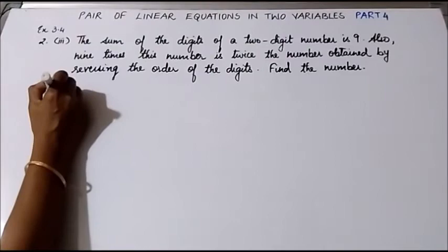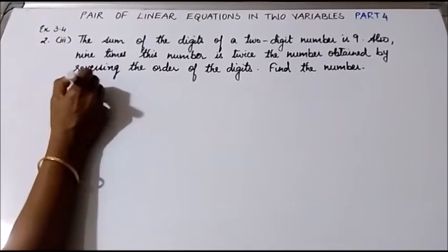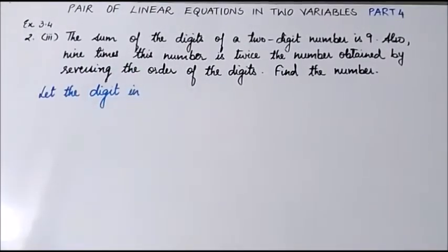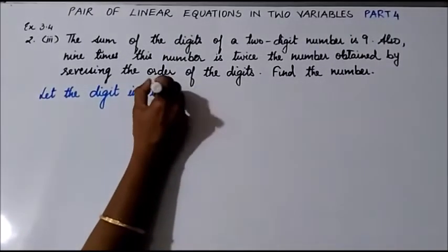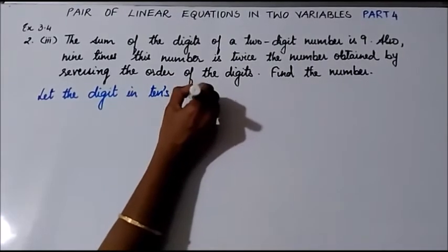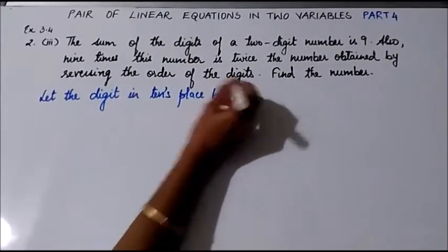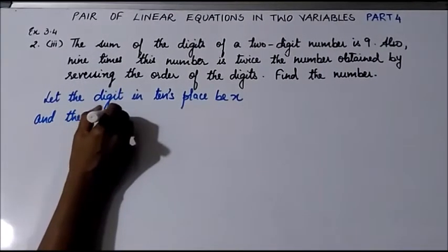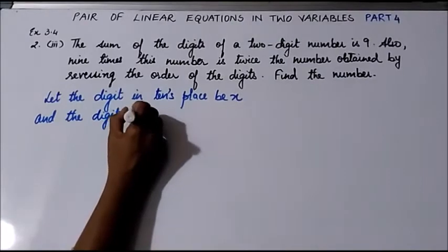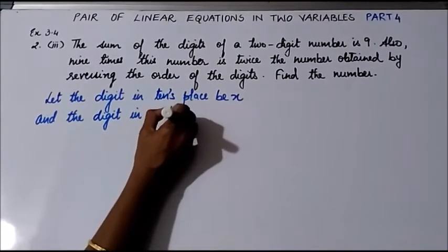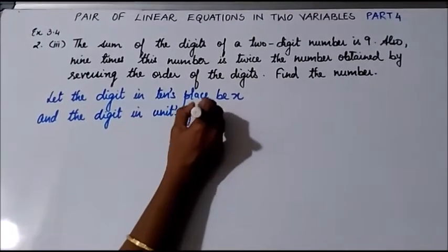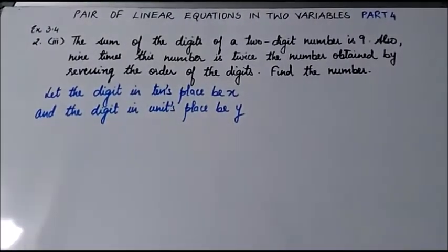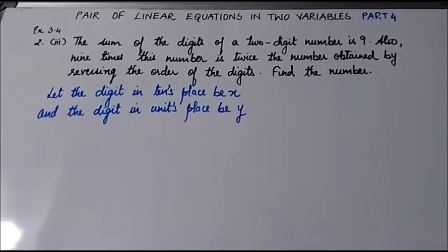So let us start by writing, let the digit in tens place be x and the digit in units place be y. Okay, now before we read the question, let us understand how to form the number.